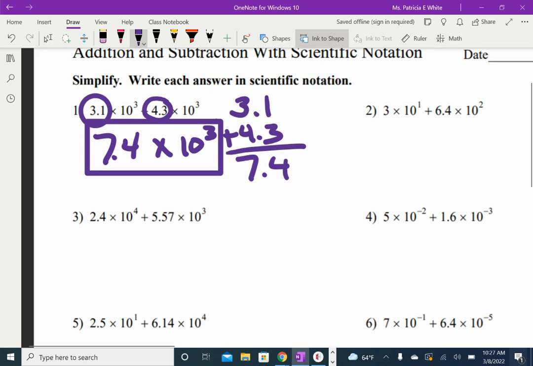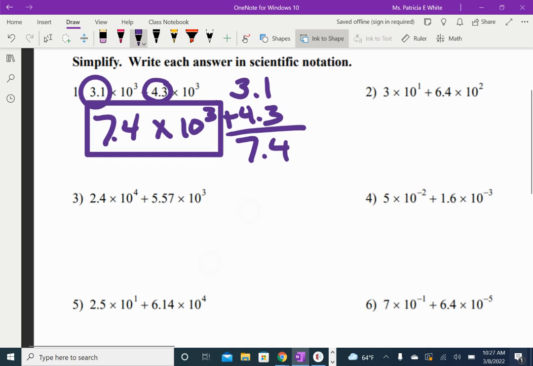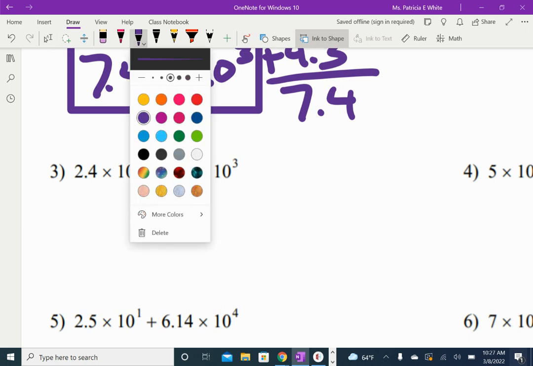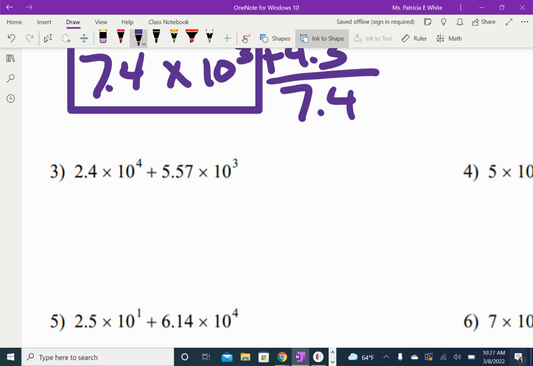All right, so I'm going to look at number 3. I don't have the same exact exponent. I always take the smaller one and make it bigger. So I'm going to add a 1 here. If I add a 1 here, I have to move this to the left.